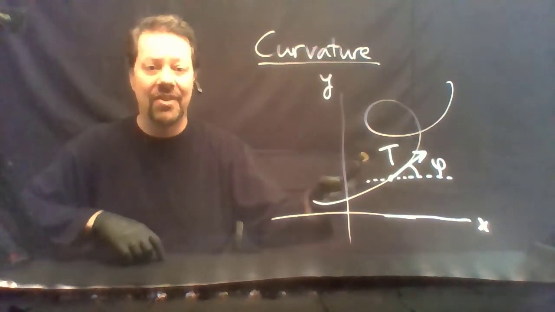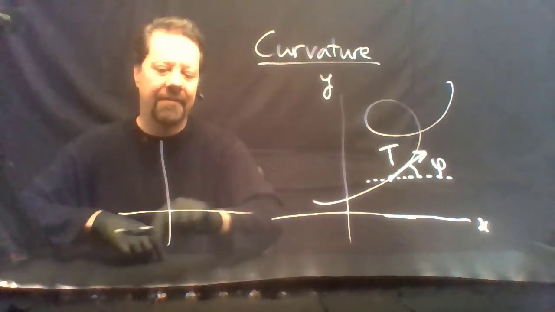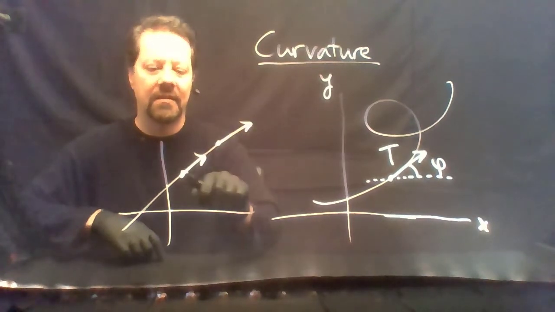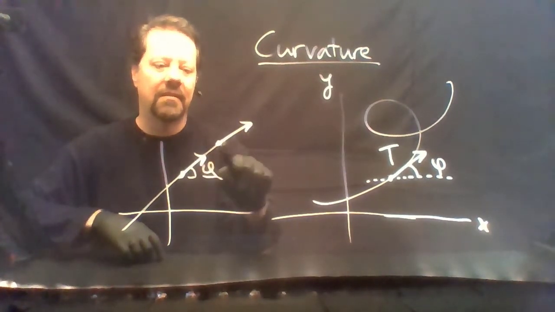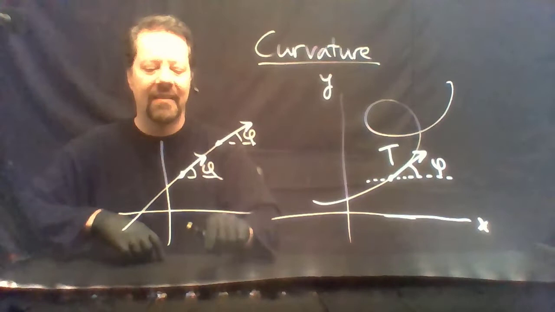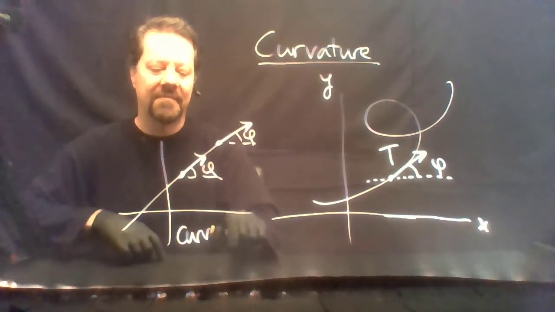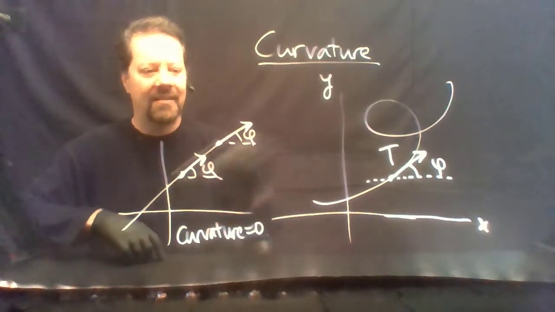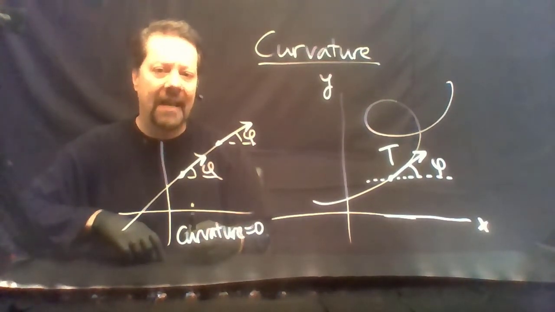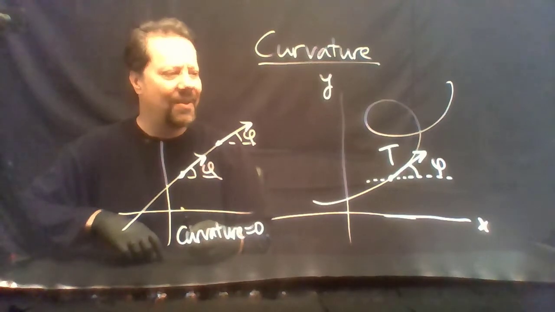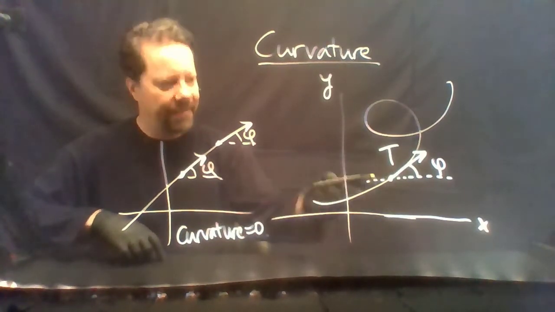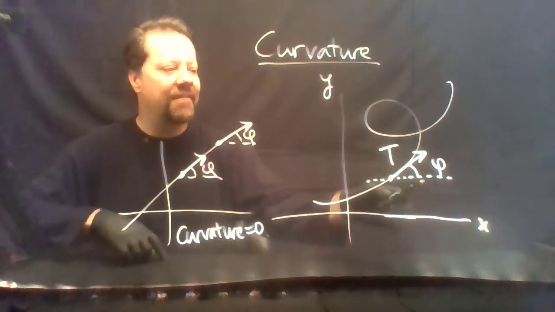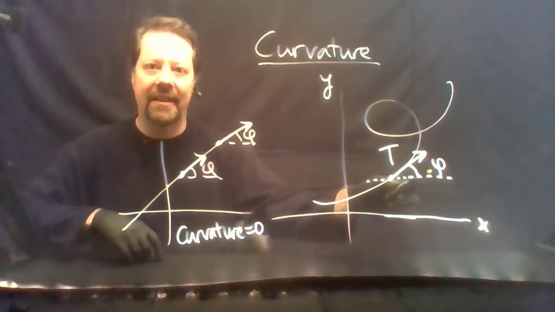A curve has no curvature if phi remains constant. Objects that move in a straight line have no curvature. So how can we measure the curvature if the curve is not moving in a straight line? It has to do with the rate of change of this angle phi.